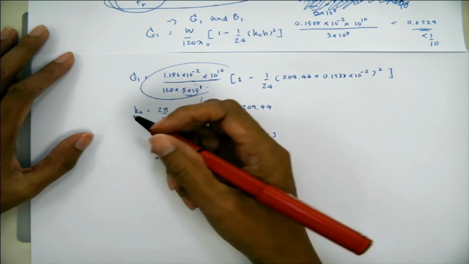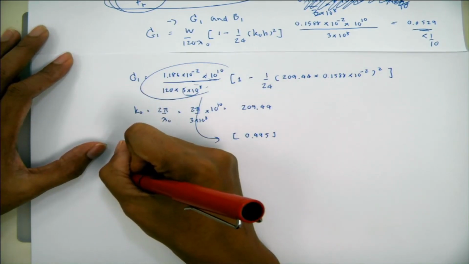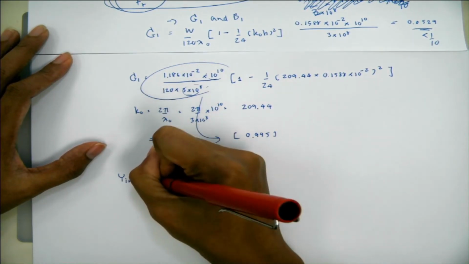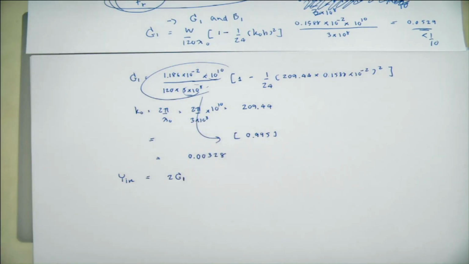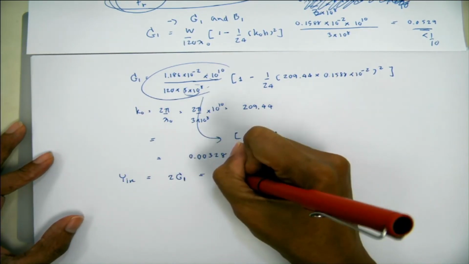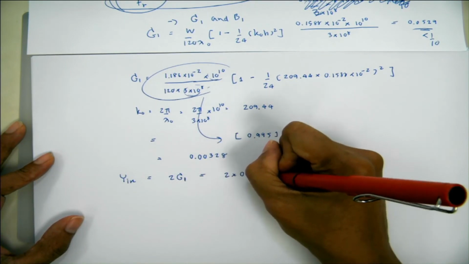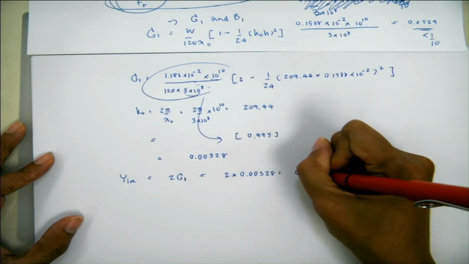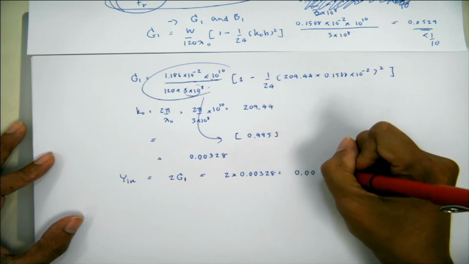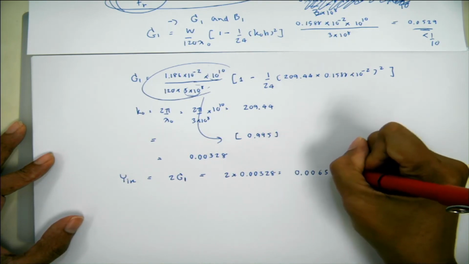So this is what happens at the conjugate matching. At a conjugate matching, the total input admittance is equal to 2G1. For now, we just neglect the mutual effect. So 2G1 is 2 multiplied by 0.00328, which is equal to 0.00656.